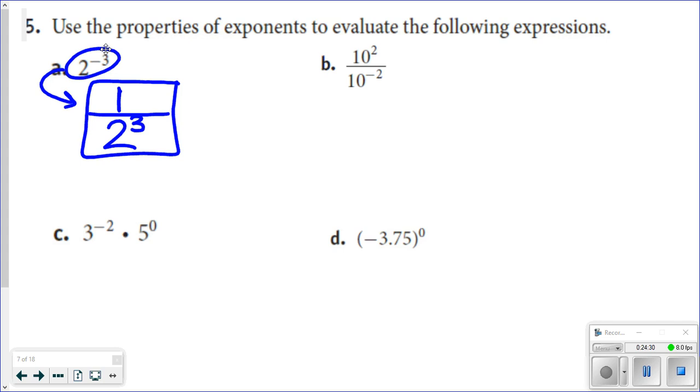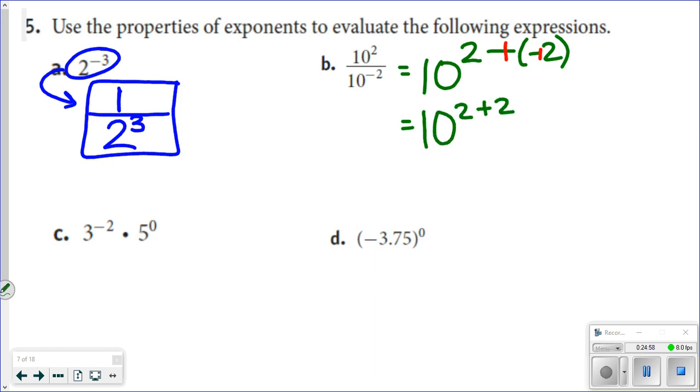I keep the base, so my base is 10, and then it says subtract the exponents. So I'm doing 2 subtract a negative 2. Well, 2 negatives make a positive. So this becomes 2 plus 2. And what is 2 plus 2? 4. So 10 to the 4th power would be my answer here.